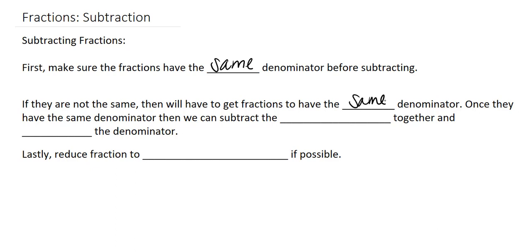Once they have the same denominator, we can subtract the numerators together, and we're going to keep the denominator. Lastly, we will reduce the fraction to lowest terms if possible. So let's do some examples.